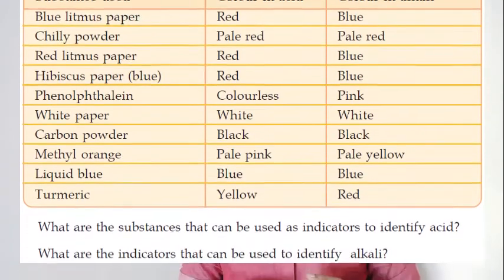When we dip blue litmus paper in acid, the color changes to red. But if you dip the blue litmus paper in alkali, there is no color change. The blue litmus paper stays blue. If you dip it in water also, it stays blue. So only in acid the color of the blue litmus paper will change. So blue litmus paper can be used to identify acids only, not alkalis.